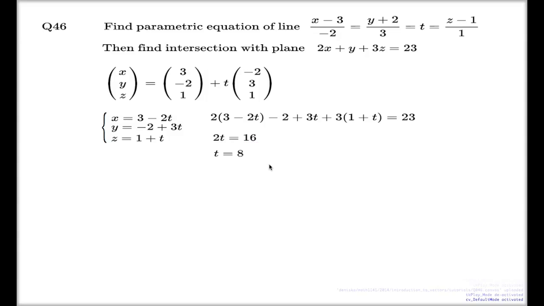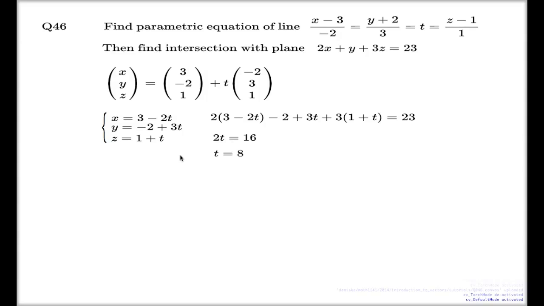Now, if the question is to find the point of intersection, which is true in our case, the last step we have to do is take this t and put it into the expressions for x, y, and z. And that will deliver the point of intersection.